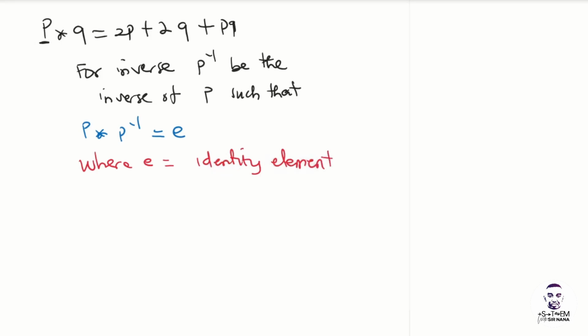What this implies is that we cannot find our inverse without finding our identity element. So let's go through the process again of finding the identity element for P under the operation here.